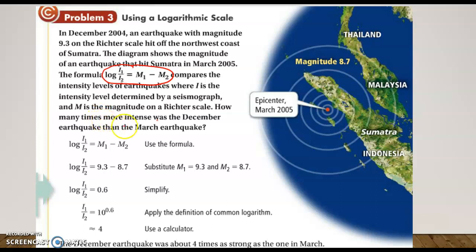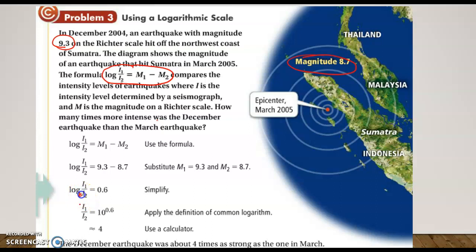How many more times intense was the December earthquake than the March earthquake? So you've got the log of intensity 1 over intensity 2. So we had 9.3 minus 8.7, which is here. So M1 minus M2 means that log is 0.6.